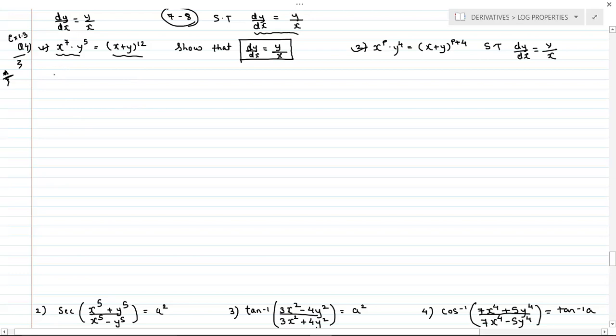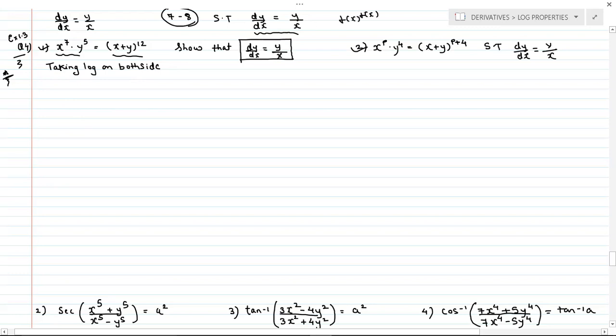So let's begin now. The first thing is taking log on both sides. Now you will say, sir, basically we take log only for a function raised to a function, yes or no?